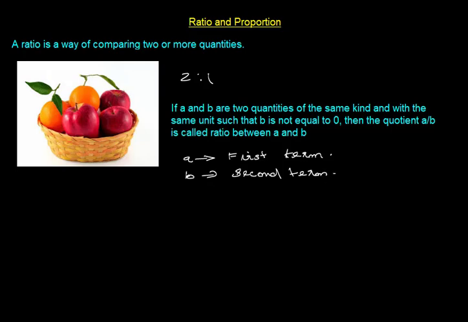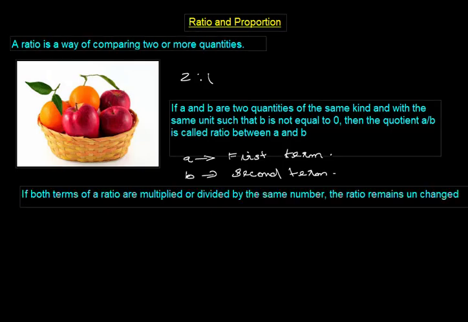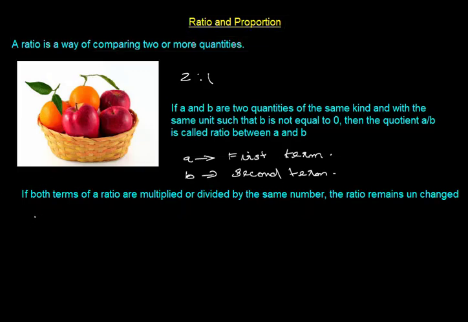Now let us learn a few important characteristics of ratios. If both terms of a ratio are multiplied or divided by the same number, the ratio remains unchanged. For example, let us consider the ratio 3:2.